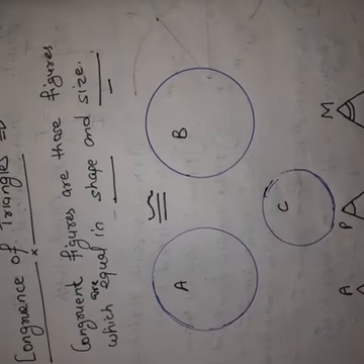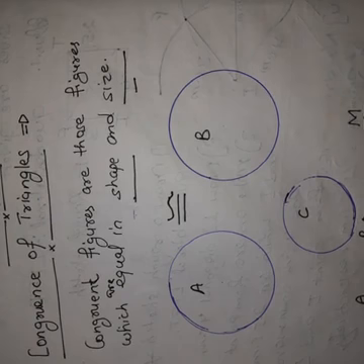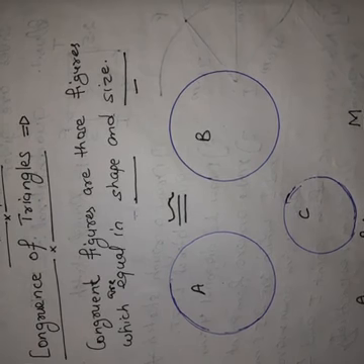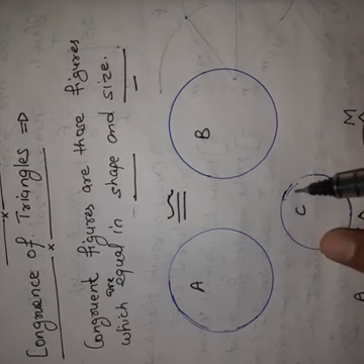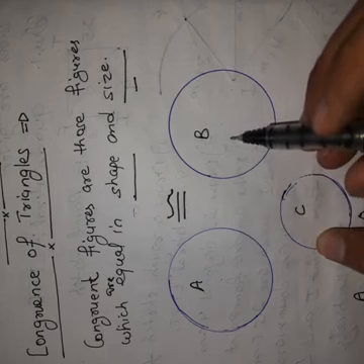Now I have drawn a circle C. You can clearly see that circle C is smaller than circle A and circle B. So I cannot say this circle is congruent to circle A or circle B.